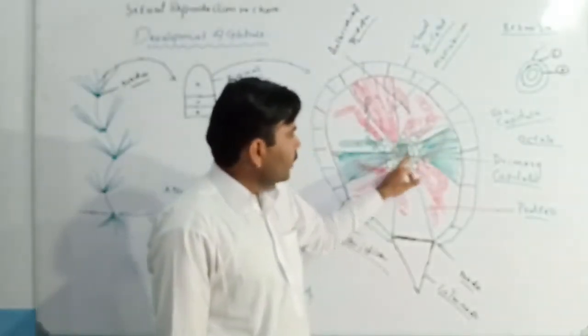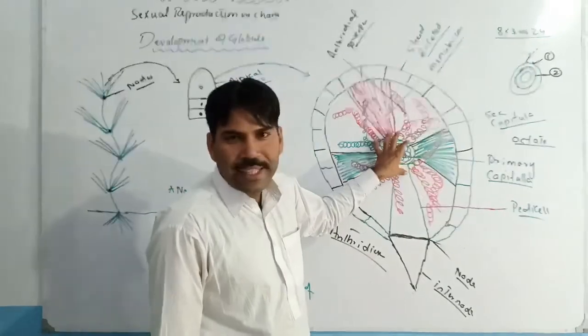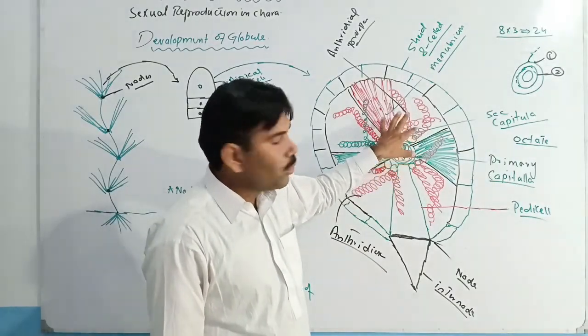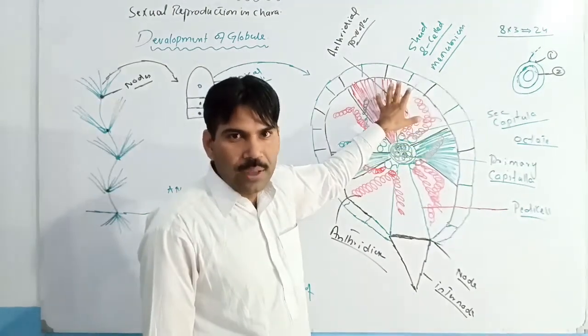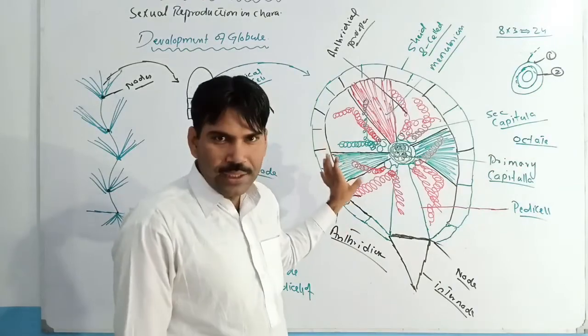The primary capitular cells divide and produce cells known as secondary capitula. The cells of the secondary capitula divide again and again and produce filaments, known as antheridial filaments.